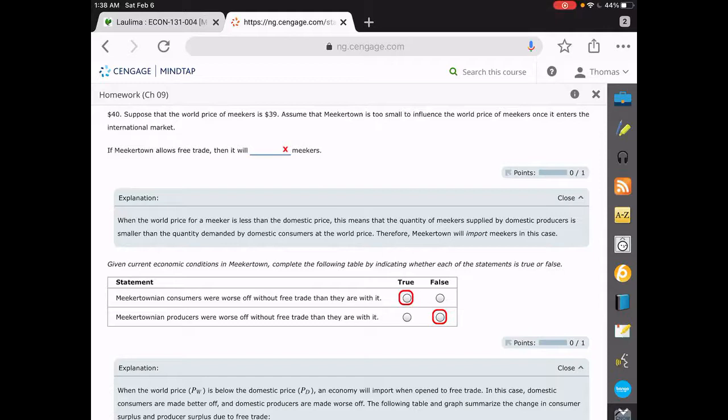They're actually not worse off without the free trade, which is what this question is asking. The reason is because they are basically bad producers of Meekers. They produce it at $40 when the world does it at 39. So they are going to be protected in an environment where they can't engage in free trade. Hence, it's false.